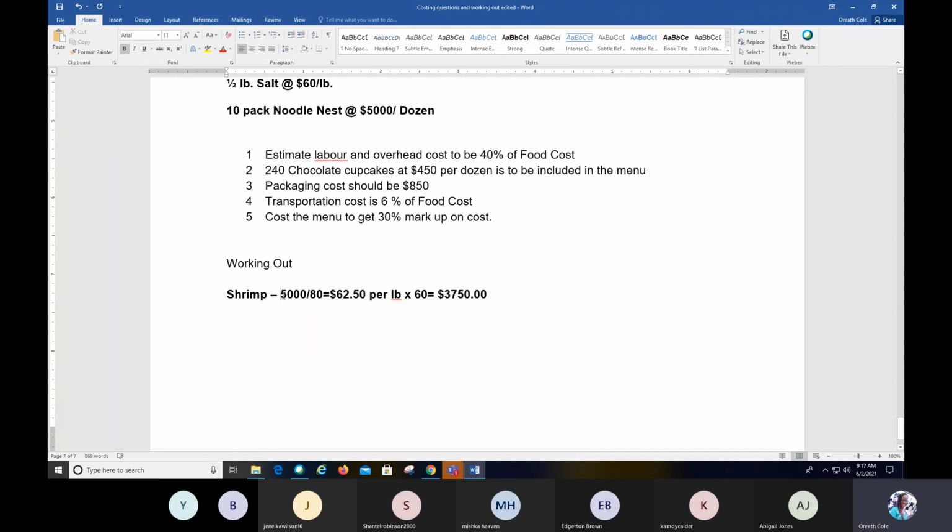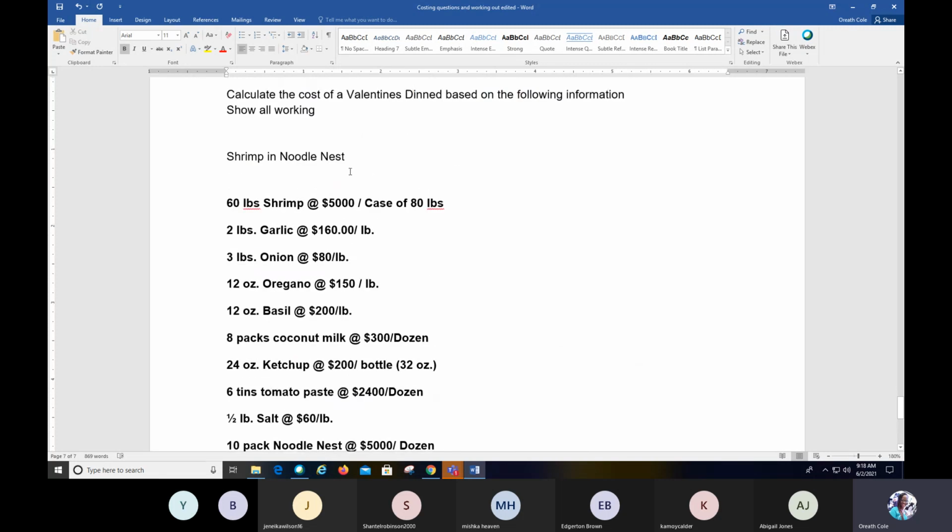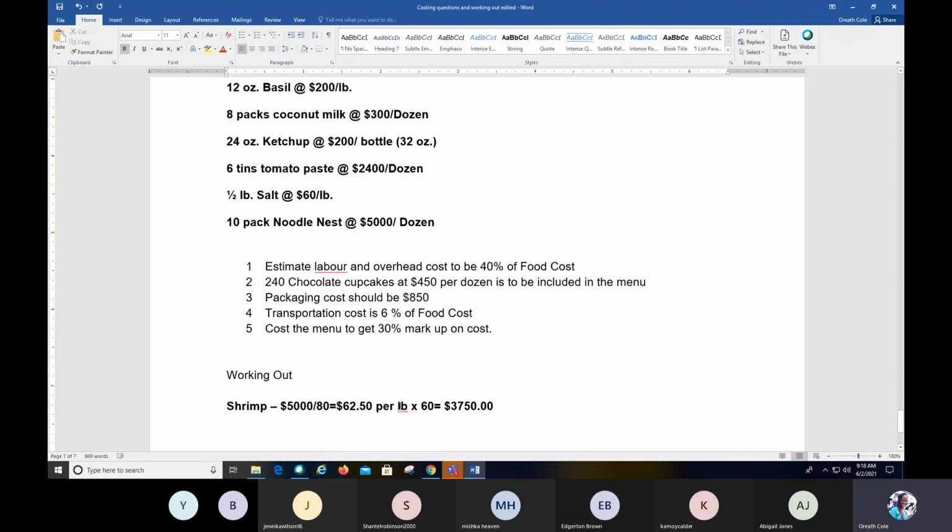So we're dividing the 5,000 by 80 because it's 80 pounds of shrimp we bought. Clear on that? Yes, miss. So when we divide, we get $62.50 per pound. So we know how much for 1 pound of shrimp.